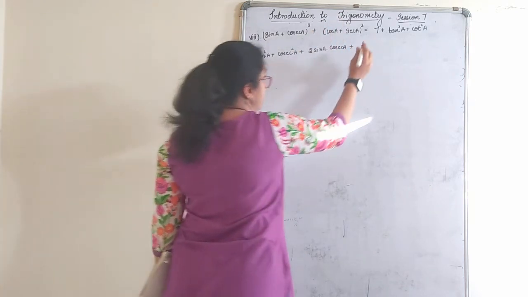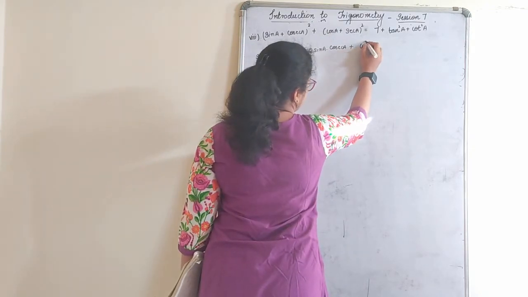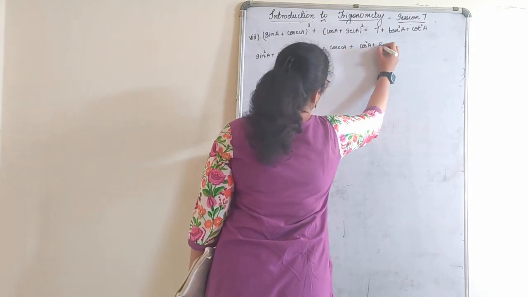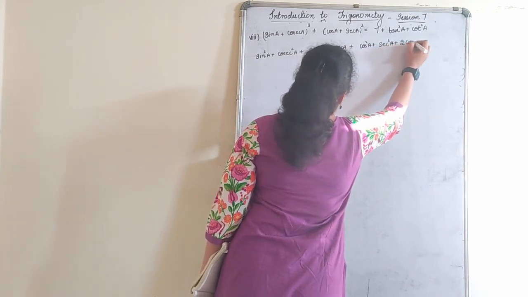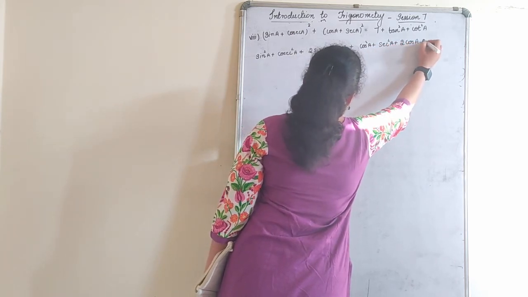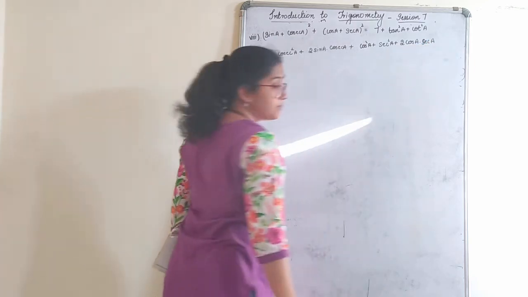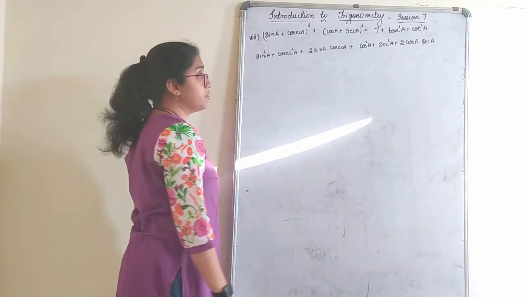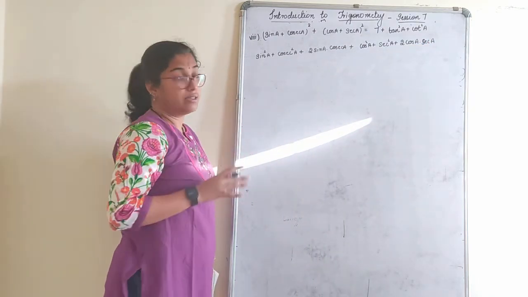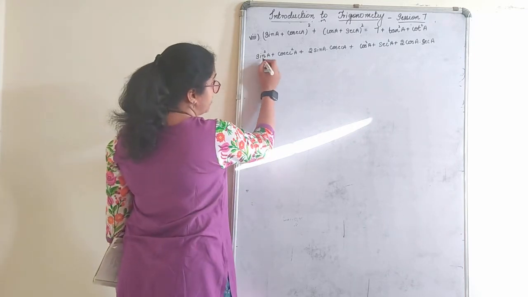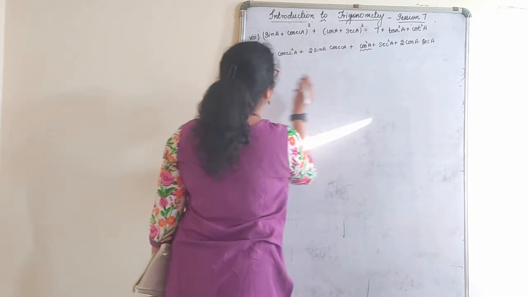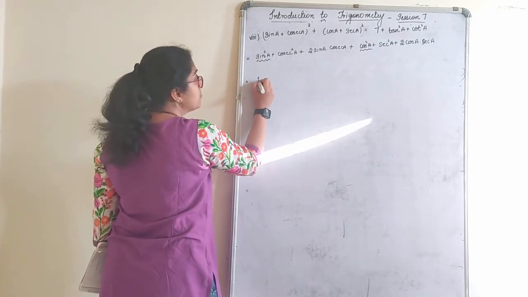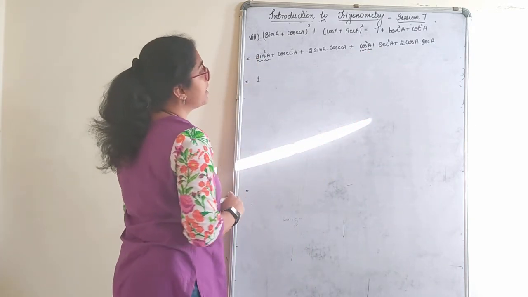Again here, A square plus B square plus 2AB. A plus B whole square and A plus B whole square, what I have applied, I got it there. Check sin square A plus cos square A is 1.